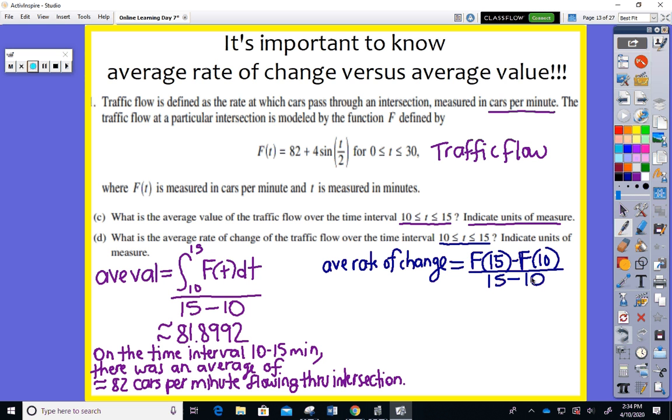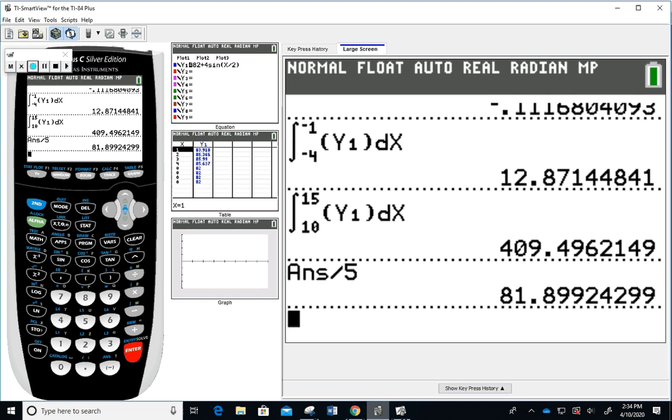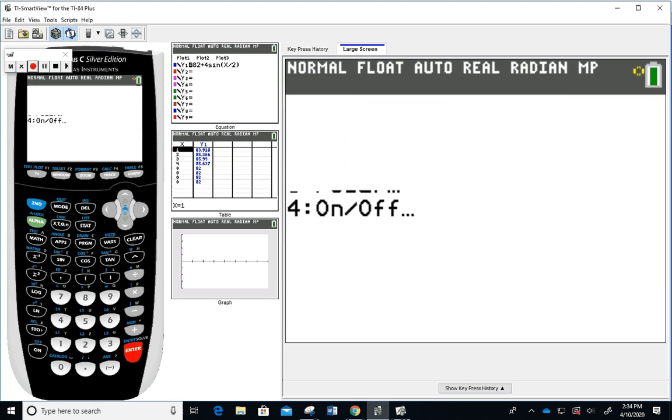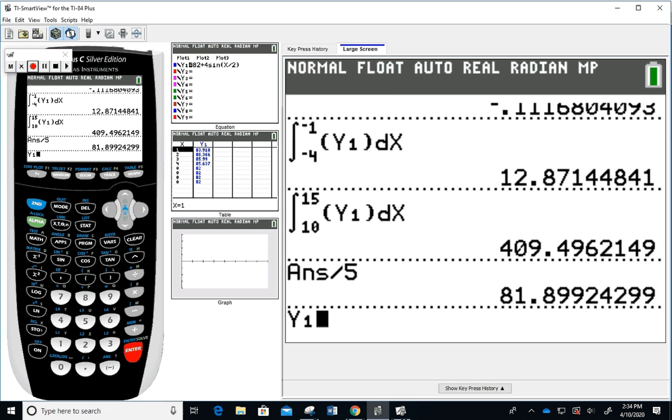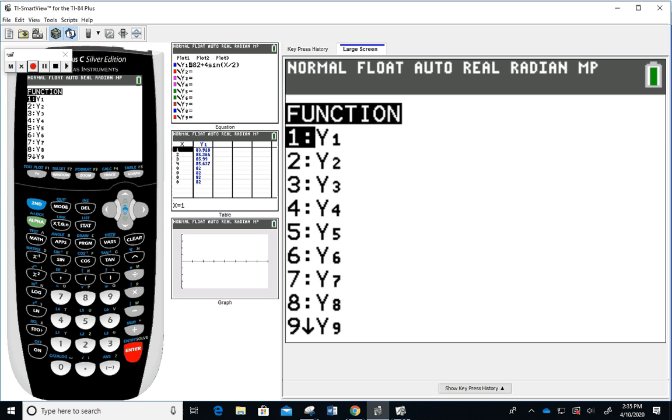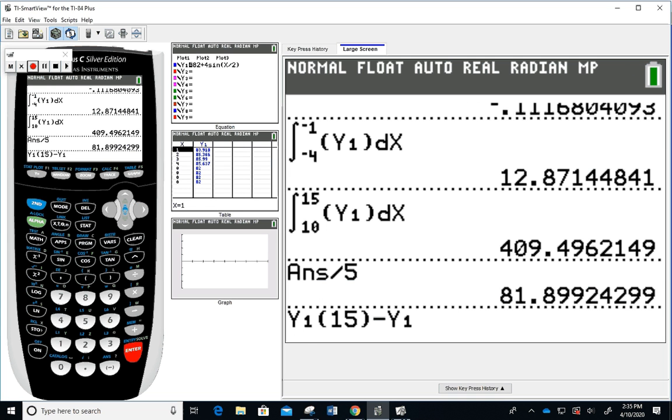Okay, so let's do this. I'm going to do this on my calculator. So big F of 15 would be y1 of 15, and you could also do this with your table feature, minus y1 of 10.